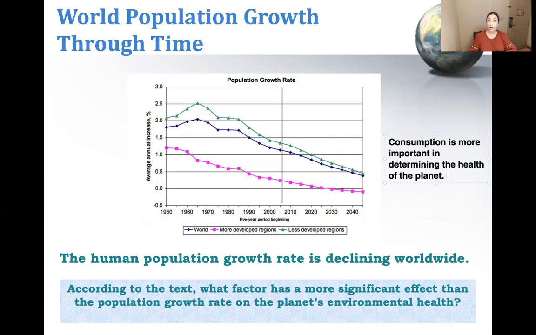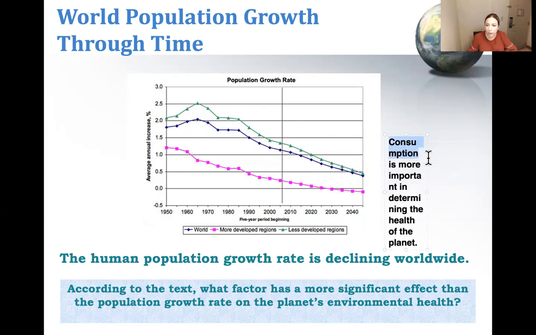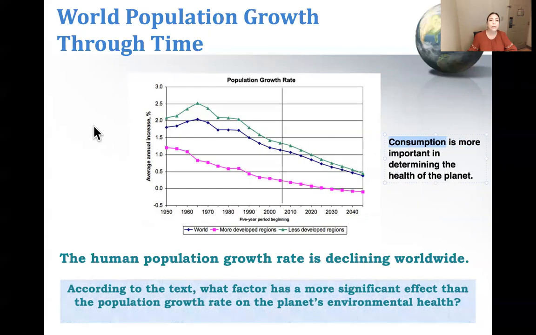Okay, so it is good that growth rate is declining. So why is growth rate declining? Basically, growth rate is declining as more and more countries enter into that final demographic stage.